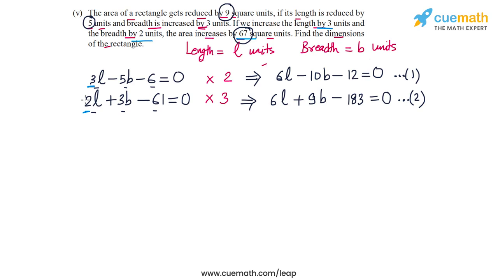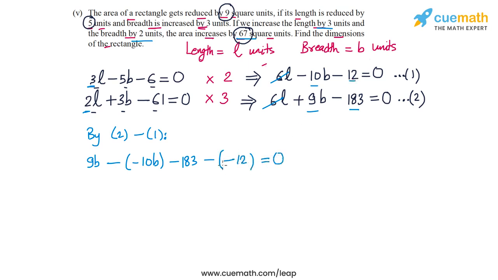Now what we can do is subtract the two equations. So I can do 2 minus 1, and when I do that, the 6L terms will cancel out. I will have 9B minus 10B, and I will have minus 183 minus 12, and this is equal to 0.